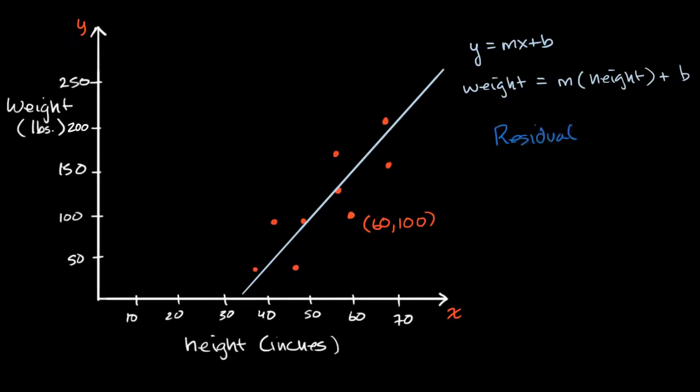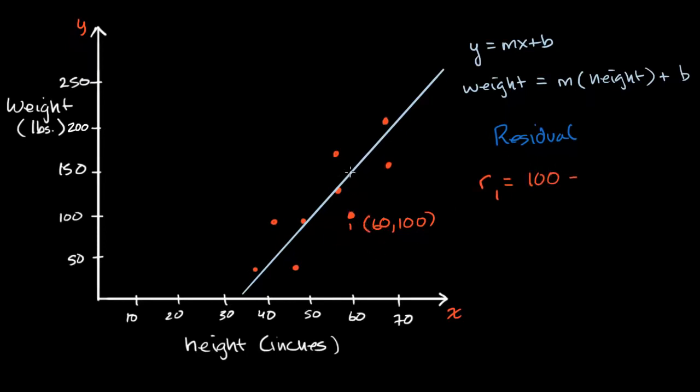And so, for example, if I call this right here point 1, the residual for point 1 is going to be, well, for our height variable, 60 inches, the actual here is 100 pounds. And from that, we would subtract what would be predicted.